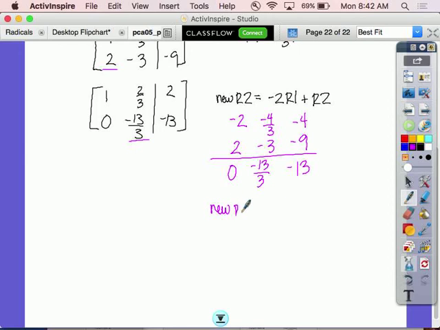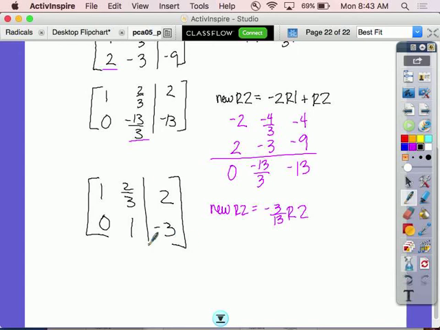So our new row 2 is going to be negative 3 over 13 times row 2, which will give us 1, 2/3, 2, 0, 1, negative 3. And we now have it in row echelon form.